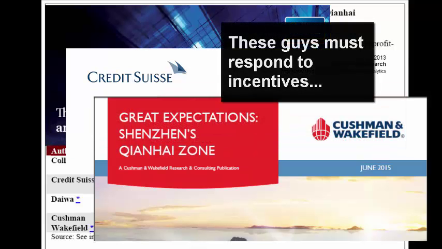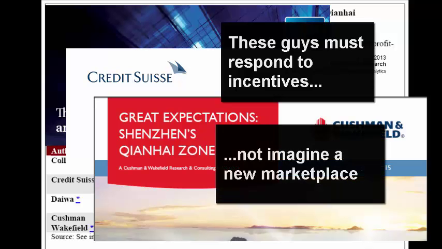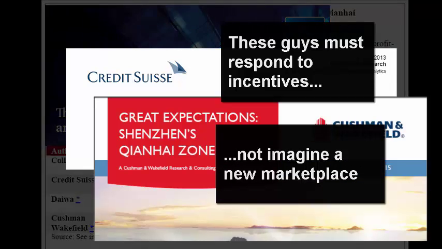And as we'll show in the paper, Qianhai could represent much more than the real estate development that many people focus on in their discussions.